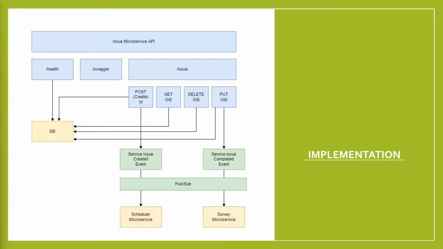And we are going to be proposing, from a software architecture perspective, creating an issue microservice API, which is that very top blue box, which contains all the front end pieces for people to call our API, and it will contain a health check endpoint for checking whether our microservice is healthy.